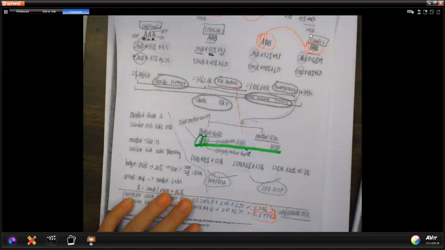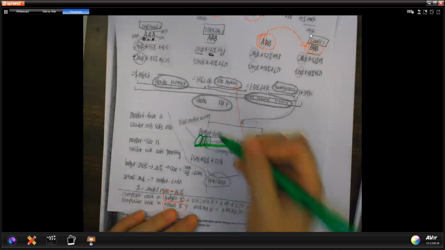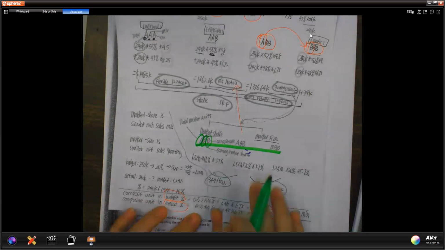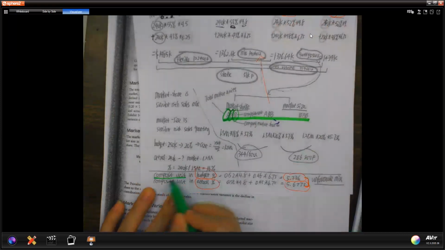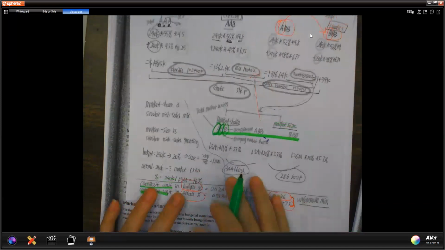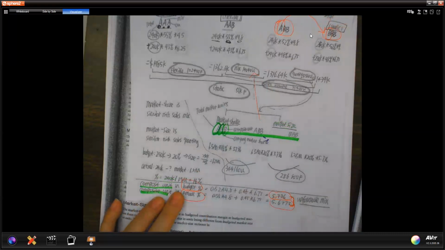What is your market share? And then what is your company's contribution margin? We have to use a composite unit because that's our company's weighted average contribution margin. Because you have two products with different contribution margins, if I ask what your company's contribution margin is, you have to weighted average these two products. That will be your company's contribution margin.